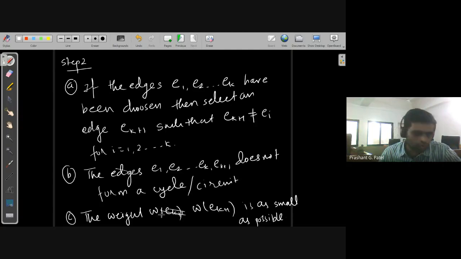So we have to choose a weight Ek plus 1 as small as possible, subject to the condition number D of step 2, which means no cycle will be there.